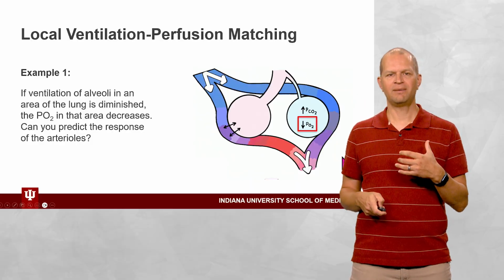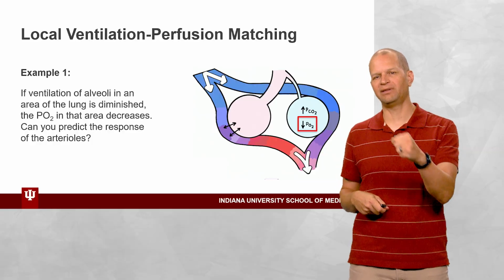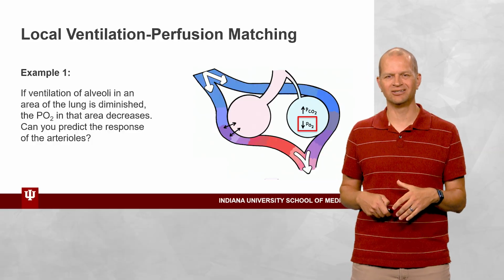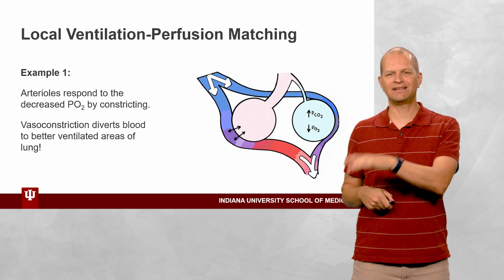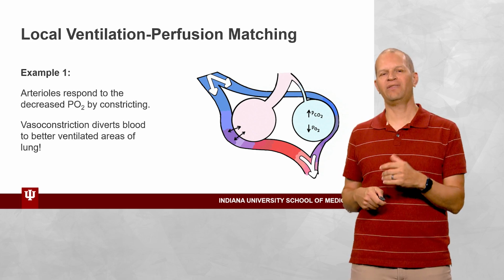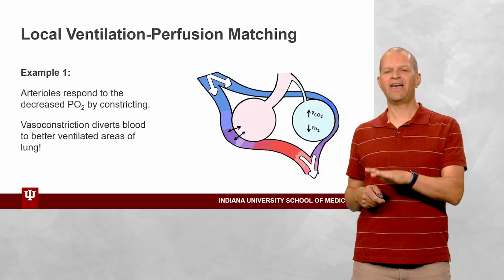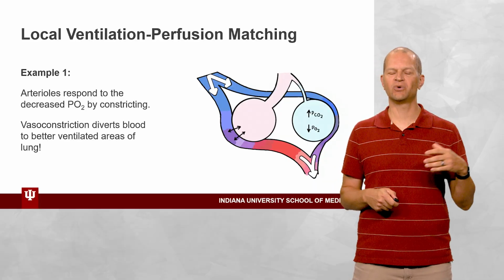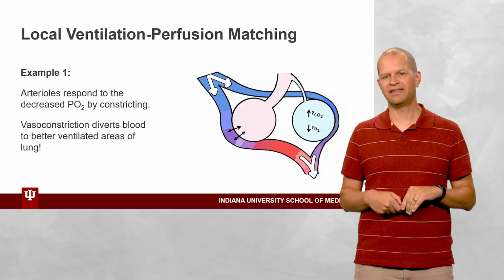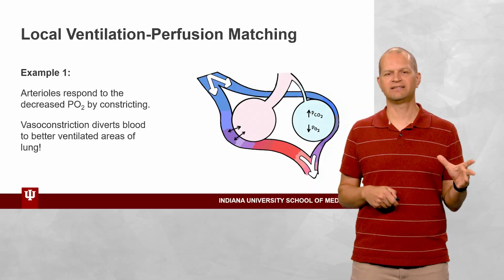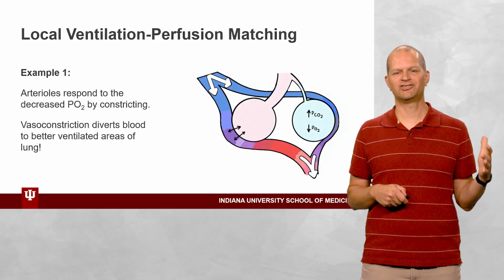Remember, the job of the arteriole is to send blood to pick up oxygen. So if there's low oxygen in that alveoli, we don't want to send blood there. And so as a result, that pulmonary arteriole will constrict, and that way blood flow is diverted to other places in the lungs that have better ventilation. This allows us to match ventilation and perfusion.